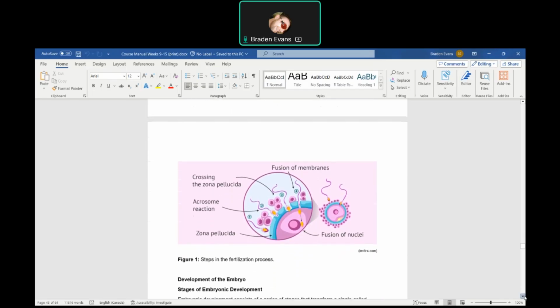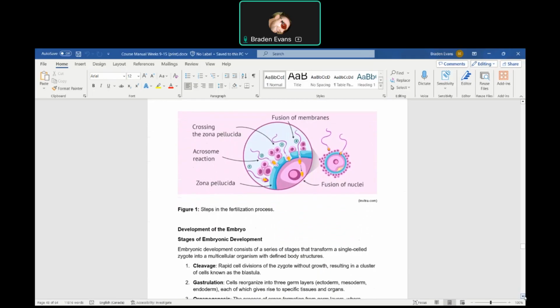Okay, so these are those steps mapped out for you, going from, let's say, bottom left, and then in a clockwise fashion around to the right. Okay, so it starts with the acrosome reaction after binding, I should say. So there's binding of the sperm to the receptors on the egg cell membrane. The acrosome reaction breaks down some enzymes.